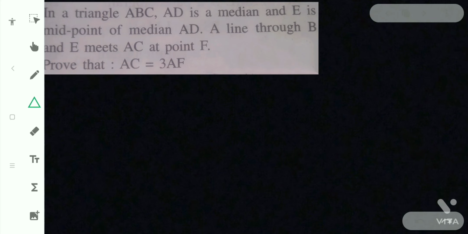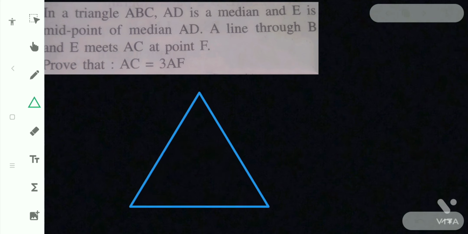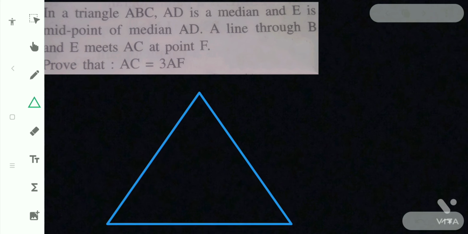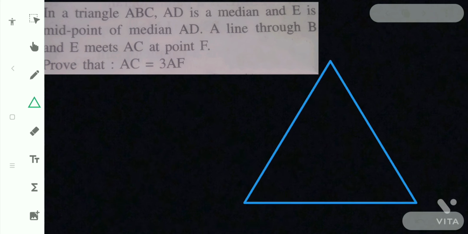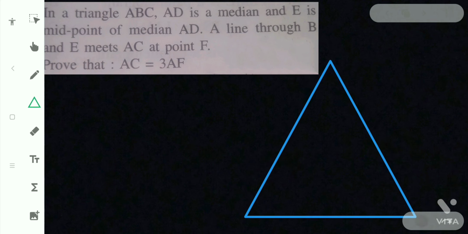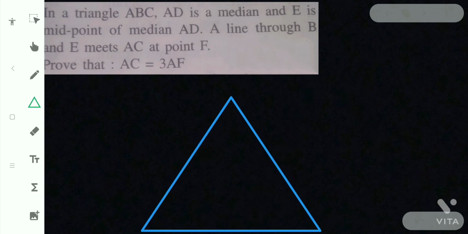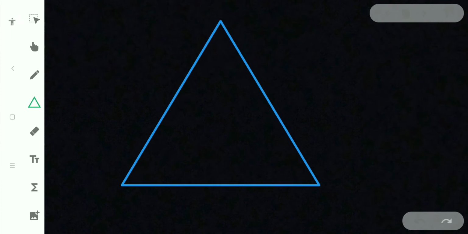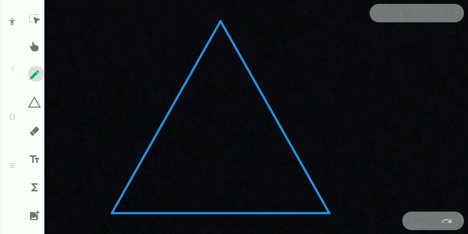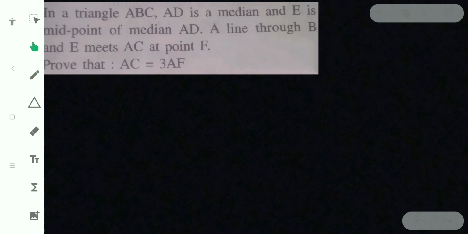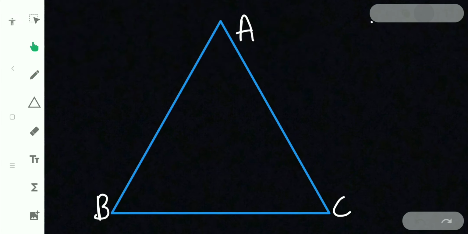Now let us draw a triangle ABC. We are having a triangle ABC here. I am drawing it on the next page. A, B and C. We are having a median AD. I hope you know what is a median.